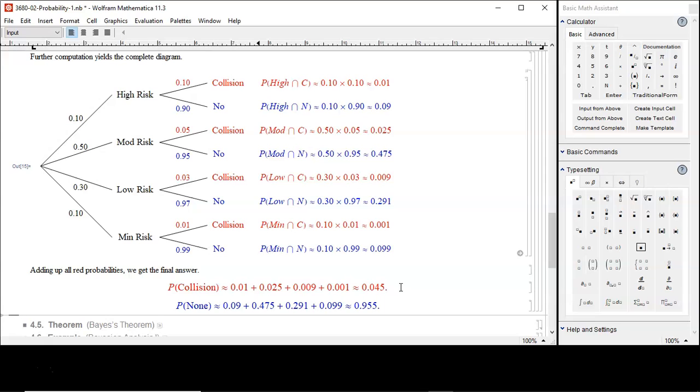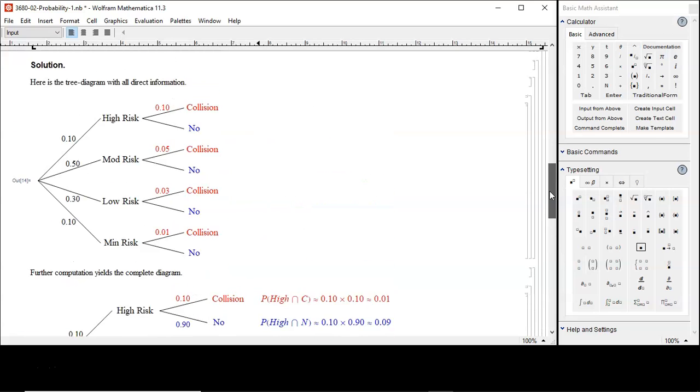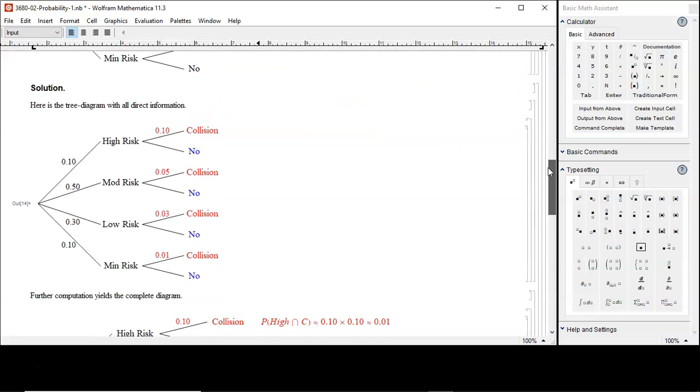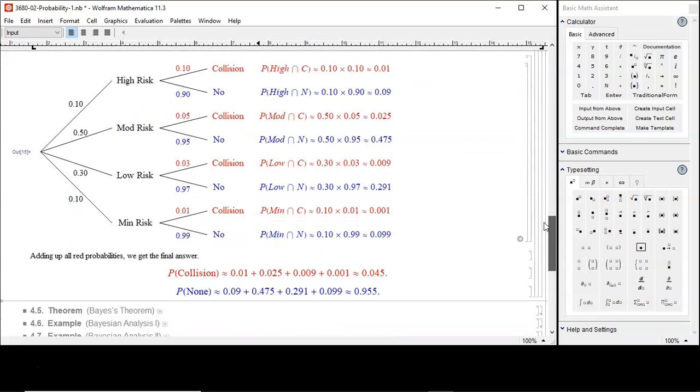And of course, I can do the same thing for no collision as well. For no collision problem, it would have been a little bit harder problem because, read the problem, I gave you all those probabilities for collision, conditional probabilities for collision, but nothing for no collision. So what you should deduce from there is it's going to be the complement probability.